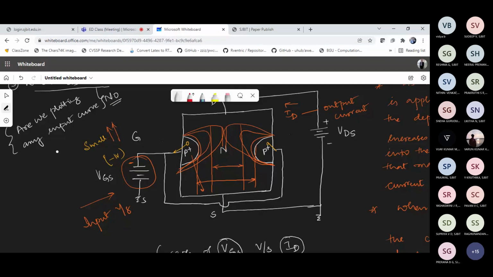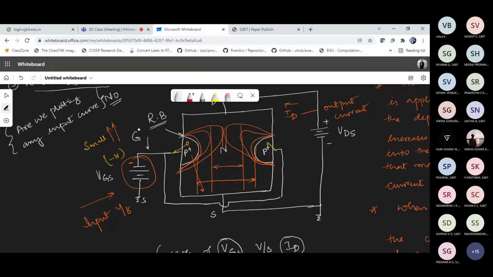And the reason is very simple. You can see the channel width changing only when the gate voltage is negative, which means that only when this junction gets reverse biased. Whenever a diode gets reverse biased, the current which flows in the reverse bias diode is going to be very minimal, or we can consider it theoretically, ideally, to be 0.